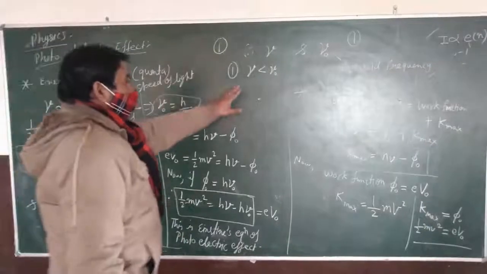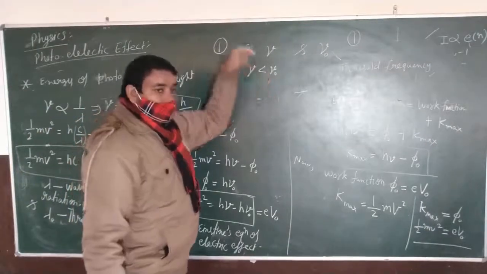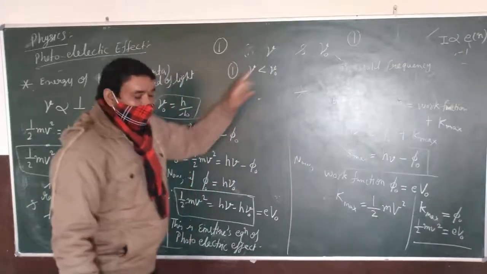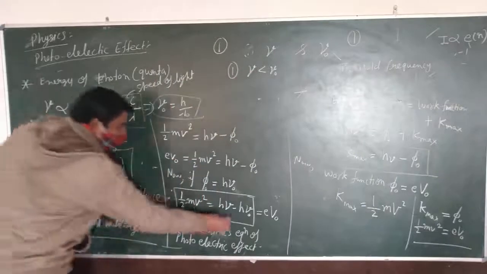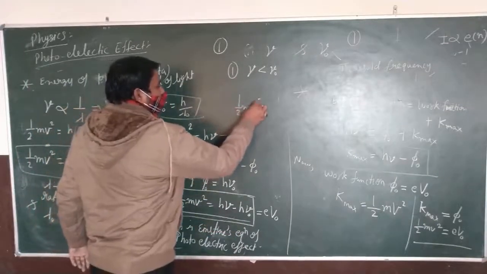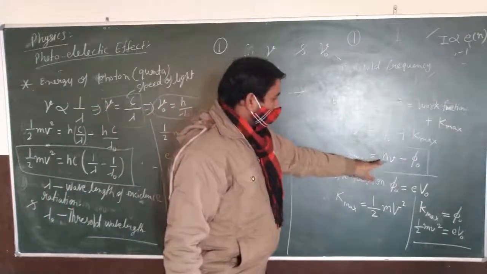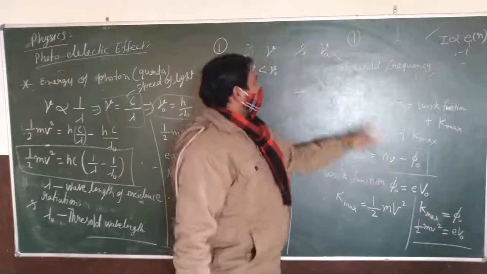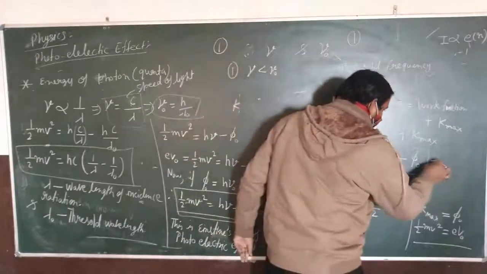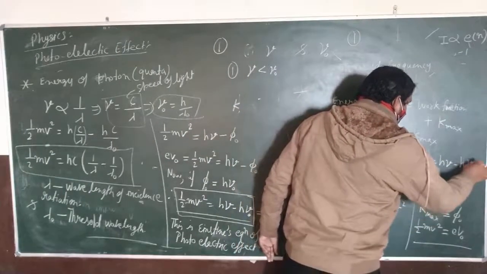Okay. So, if the frequency of the incident light is smaller than the threshold frequency, then according to this, half mv square, or we say directly here, kinetic energy, is h nu minus h nu naught.